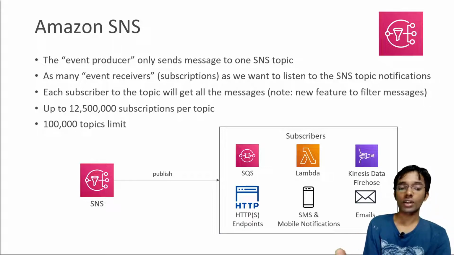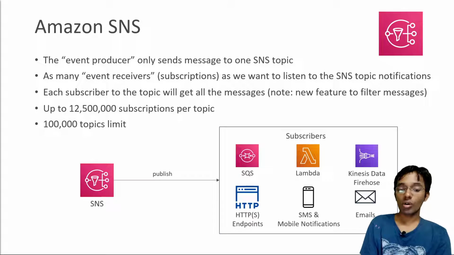So for SNS, you are going to publish to your subscribers, and what can they be? Well, you can directly send emails from SNS, you can send SMS and mobile notifications. You can also send data directly to specified HTTP or HTTPS endpoints.